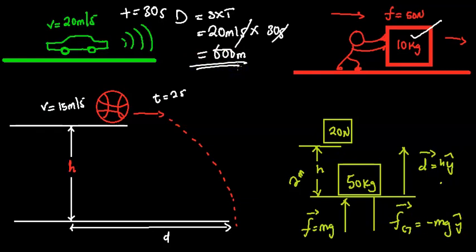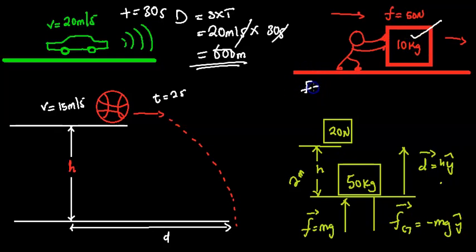The second problem we have is under Newton's law. Let's assume I give you this kind of problem which says a 10 kg box is pushed with a force of 50 newtons. What is the acceleration? This is our box, 10 kg, and it was pushed with an applied force which is 50 newtons.